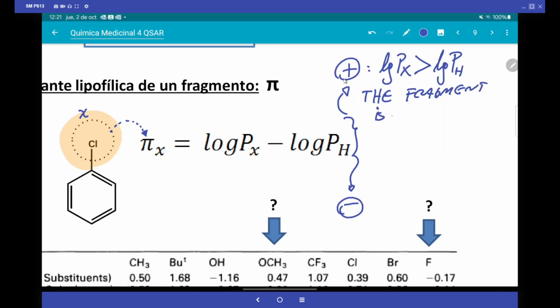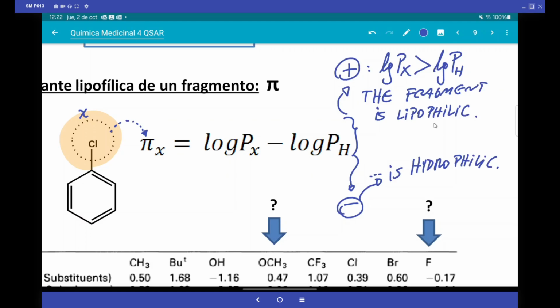And if it is negative, the opposite, the fragment is hydrophilic. If a substituent has a negative pi, it is contributing hydrophilia. If a substituent has a positive pi, the substituent is contributing lipophilia.